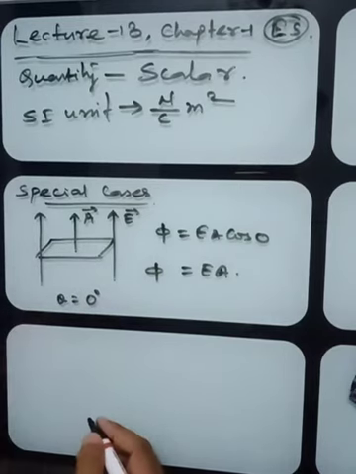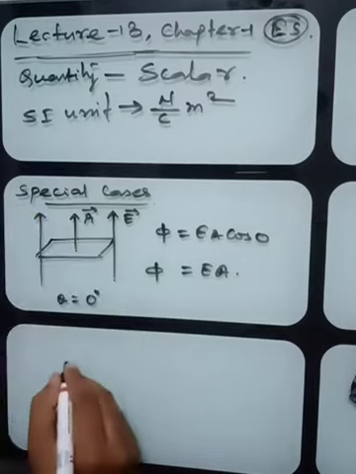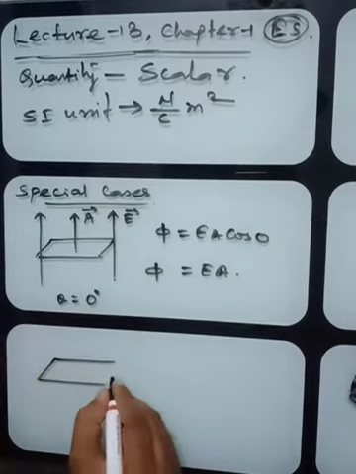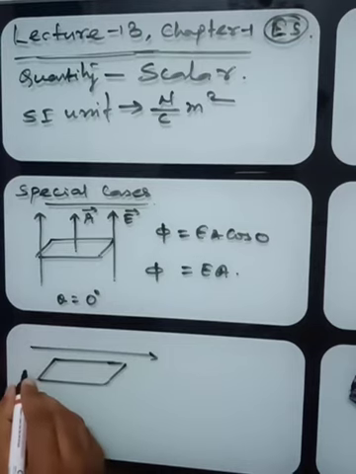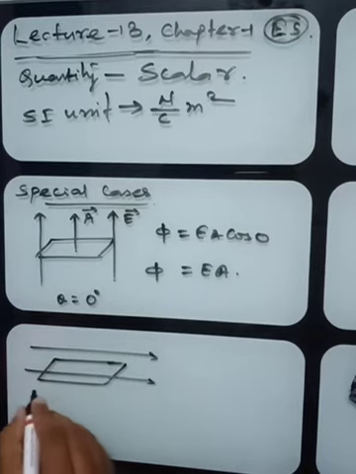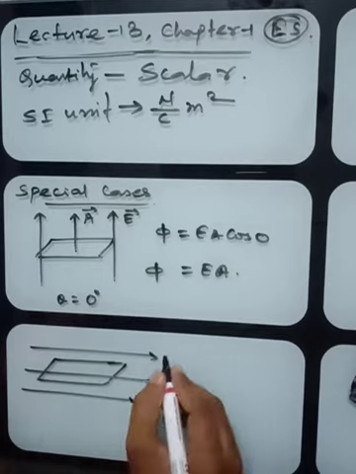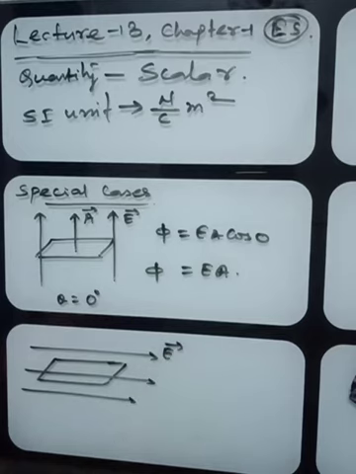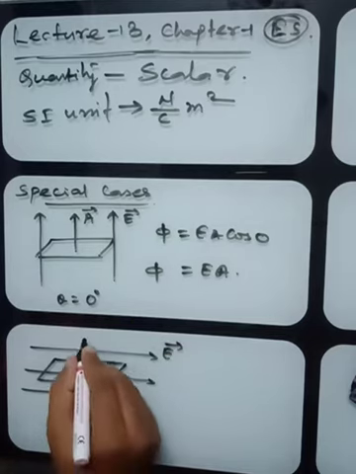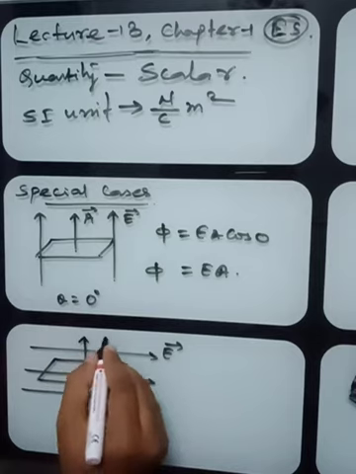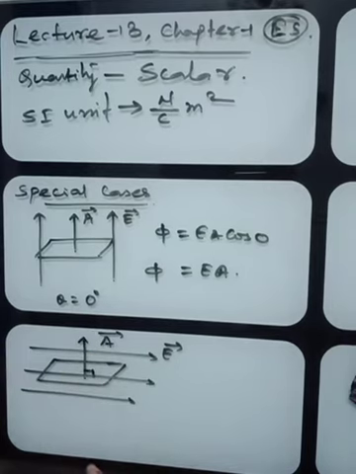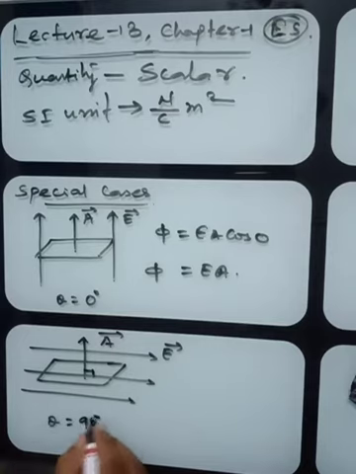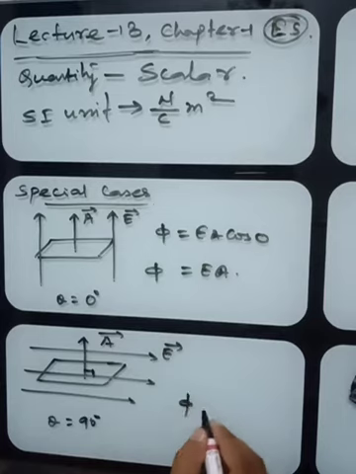Now here in this way, the electric field is going in this way. This is the electric field and the area vector over here. Here the angle between area vector and electric field is how much? Theta is 90 degree. What will be the flux?